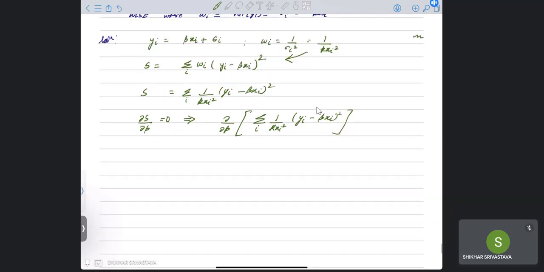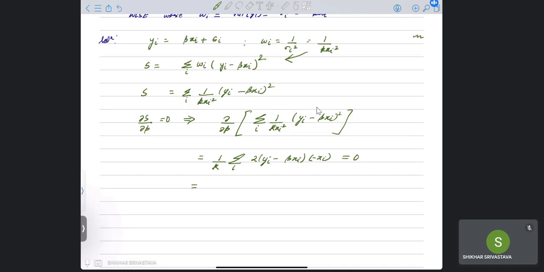When you differentiate, k will come out since it is a constant, and the summation will be there as it is. So you will get 2 times (yi minus beta xi) times minus xi, and you also have xi square in the denominator. Now this should be equal to 0.